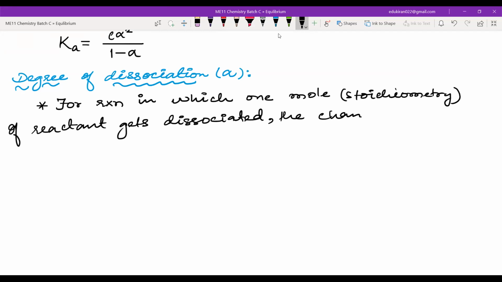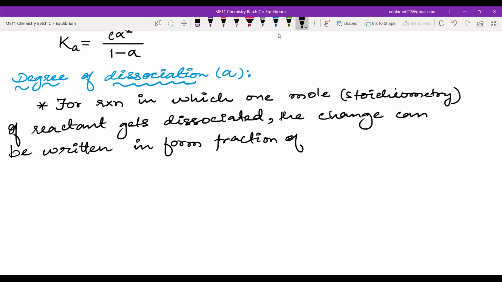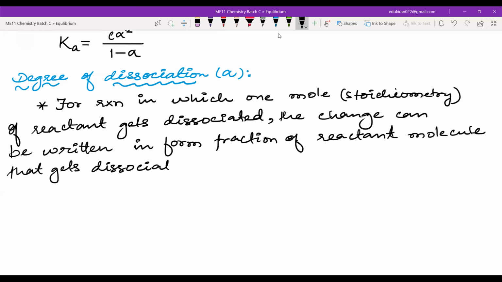The change can be written in the form of the fraction of reactant molecules that gets dissociated.